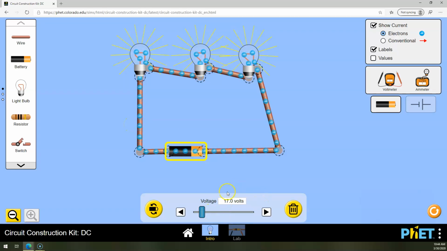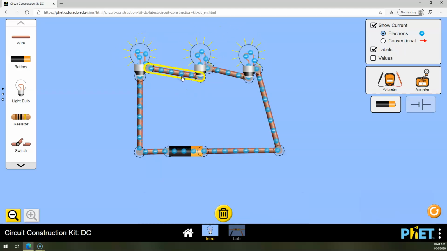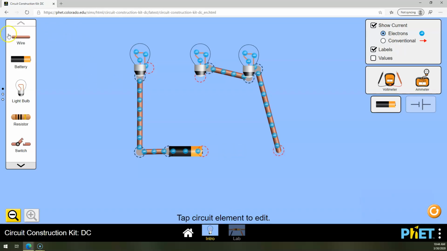We can put it back down to 9 if you want. So we can see very, very dim, versus, and I know this isn't going to be pretty, much brighter. Okay, so that makes sense.